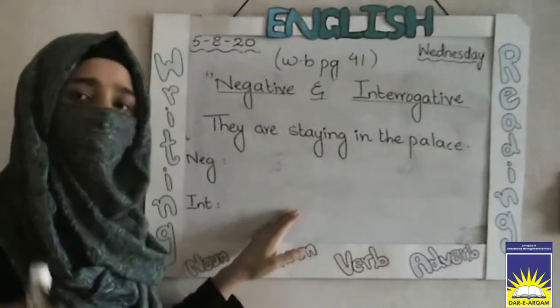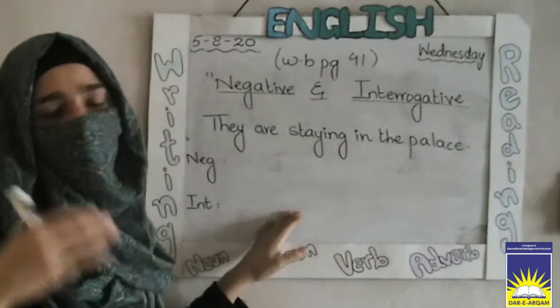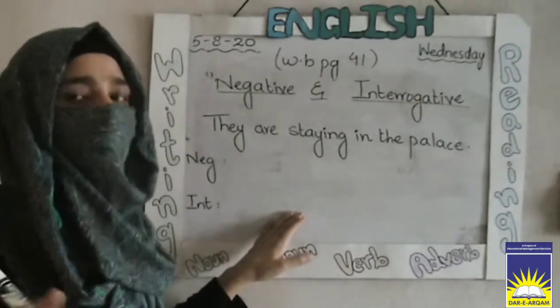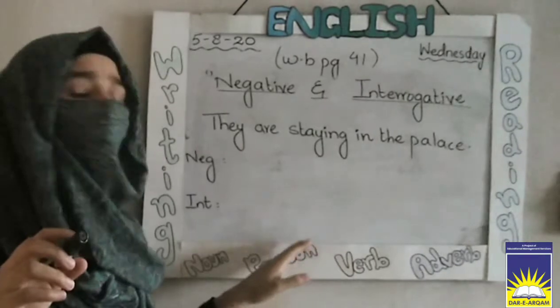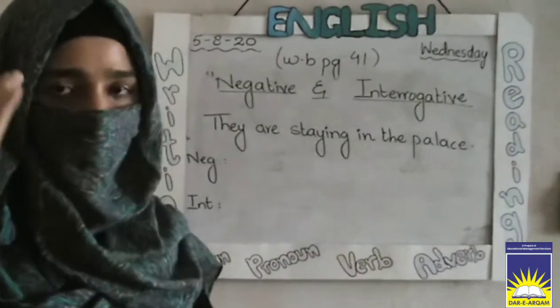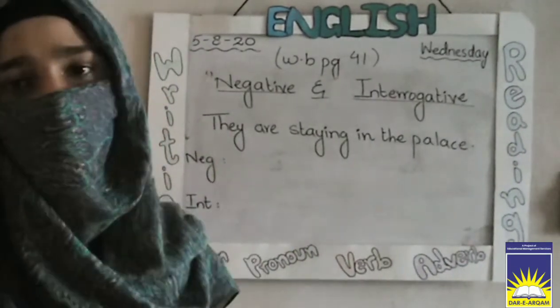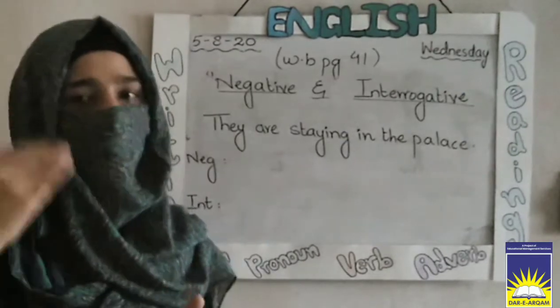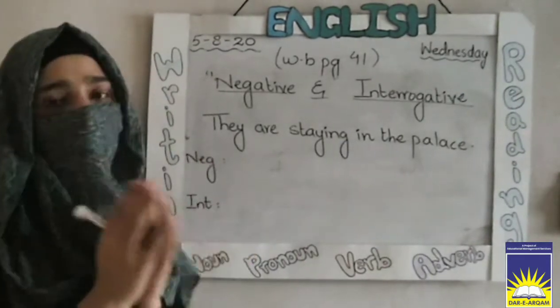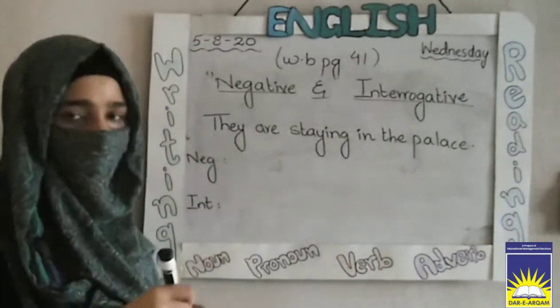Now you are going to convert this sentence into a negative and interrogative sentence, but as I told you, you have to look at the type of tense used in the given sentence. Let's see how I am converting it.